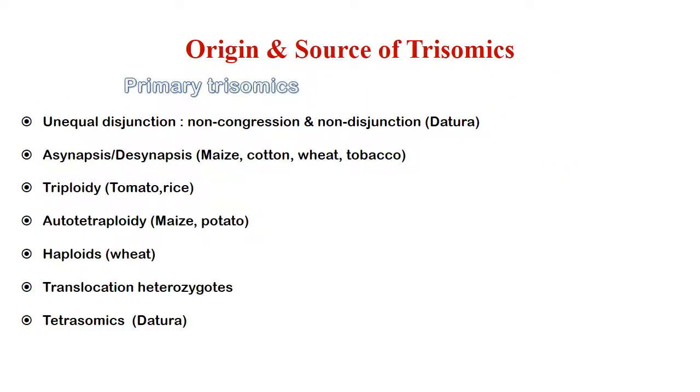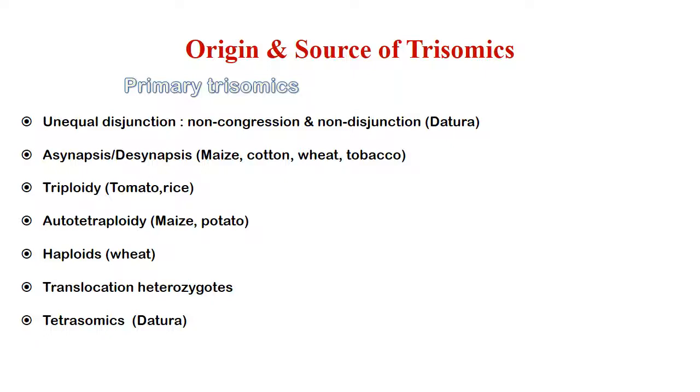Origin and source of trisomics. As I have already discussed, there are three types: primary, secondary and tertiary trisomic. Coming to primary trisomics, here unequal disjunction, meaning non-congression and non-disjunction, is found in Datura. Asynapsis and desynapsis conditions are found in maize, cotton, wheat, tobacco.